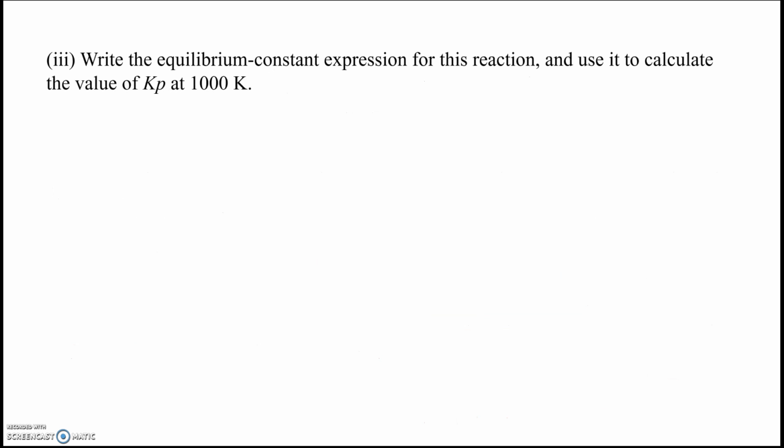Part 3. Write the equilibrium constant expression for this reaction and use it to calculate the value of Kp at 1000 K. All right, so here's my reaction. We can write from the previous problem, and at this point you should go back to look at the equilibrium reaction, we can write our Kp as SO2 squared times O2 divided by SO3 squared.